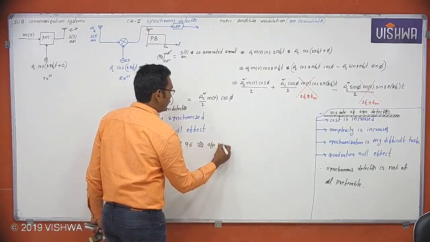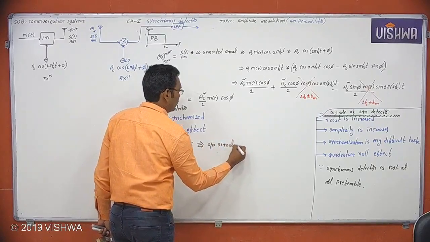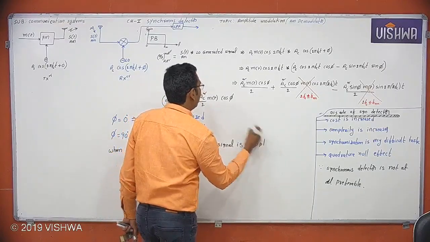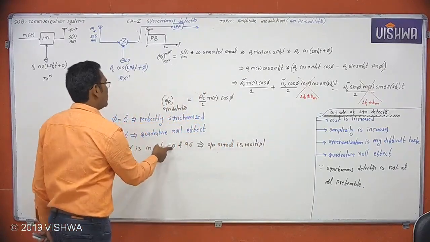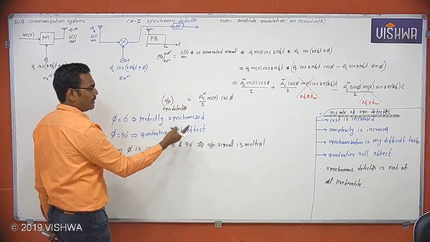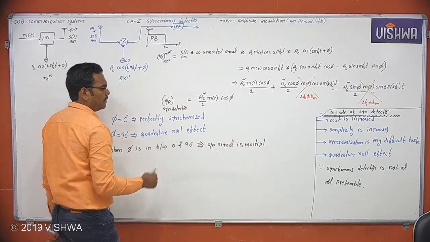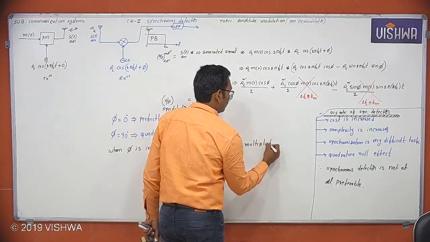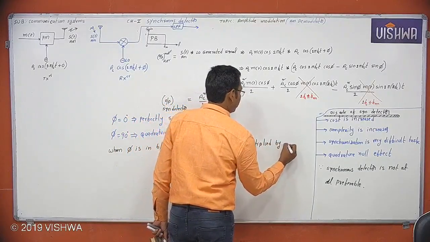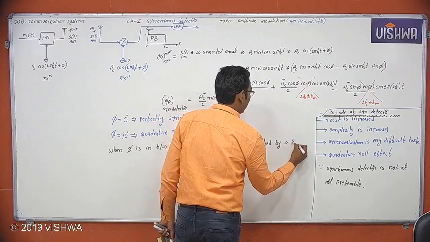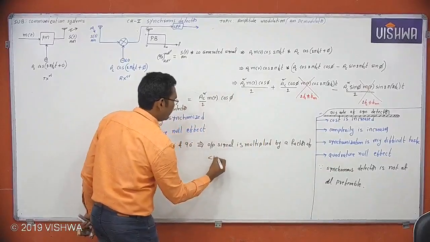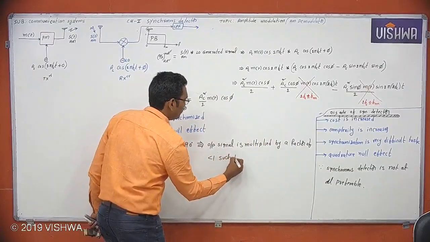The output signal is multiplied by cos phi. Now cos 0 is 1, cos 90 is 0, but in between it is less than 1. So the output signal is multiplied by a factor of less than 1.